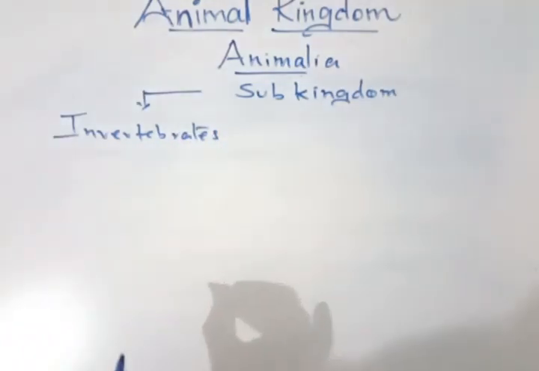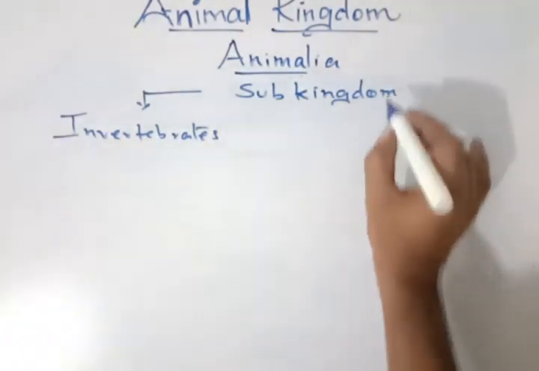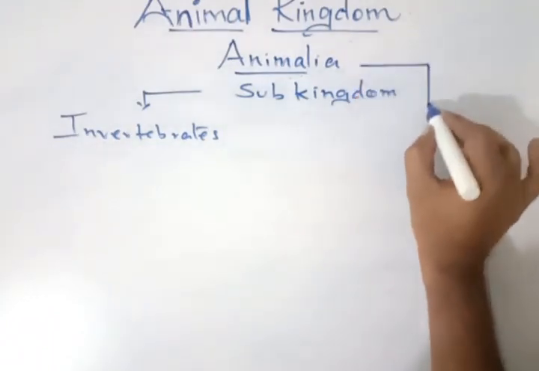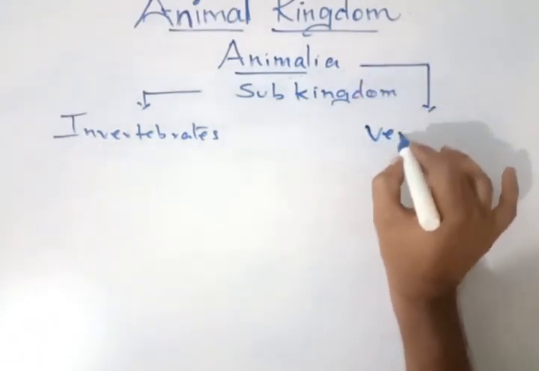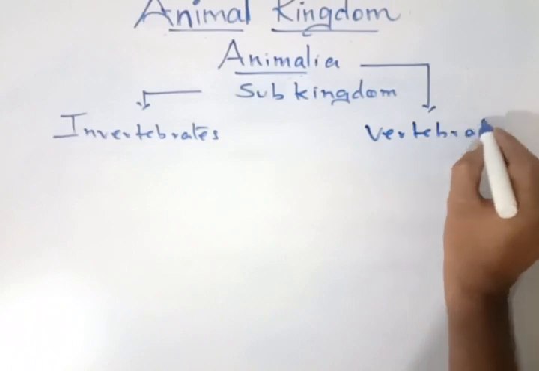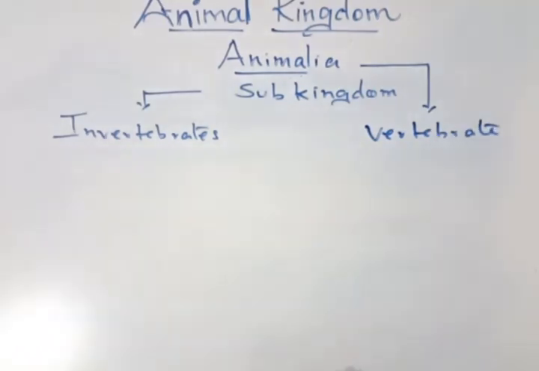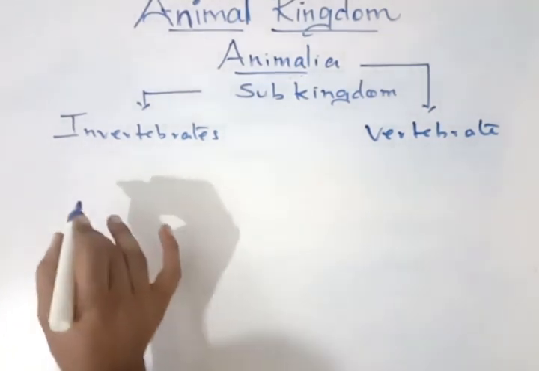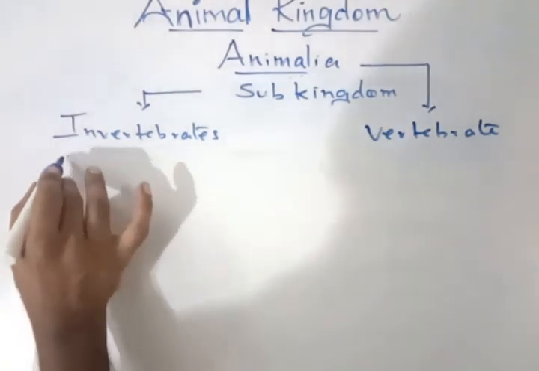So invertebrate is a subkingdom of Animalia, and the second one is called the vertebrate. So this is the second one. Now all the non-chordates are called invertebrates.